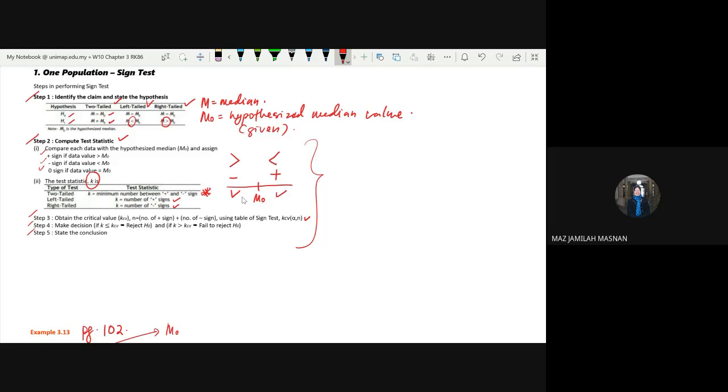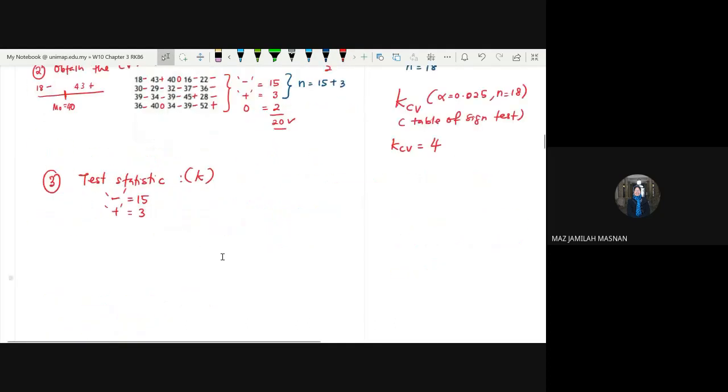For a two-tailed test, you need to find the minimum between the plus and minus signs. So K is equal to the minimum between 3 and 15. You choose 3 because it is the minimum. So K is equal to 3.